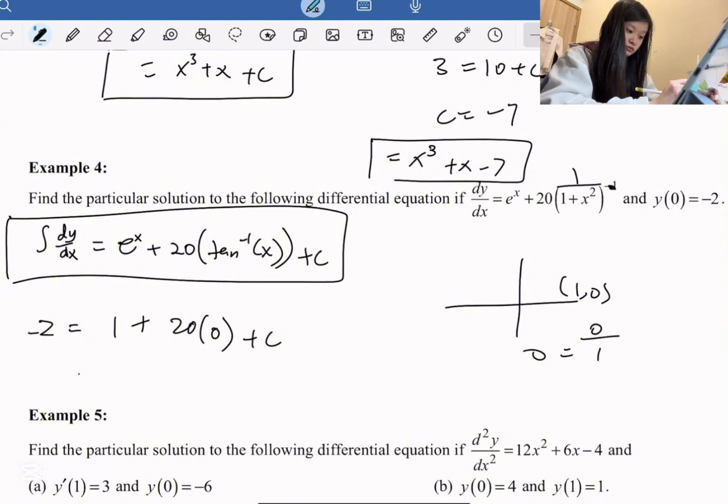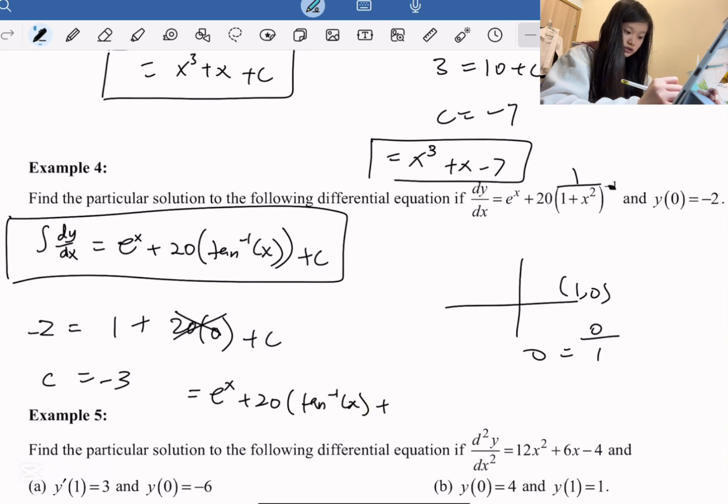Plus c, which means this is gone. That means c is equal to negative 3. Or in other words, dy over dx, let's just not write that. E to the power of x plus 20 tan inverse of x minus 3. There it is. Okay.